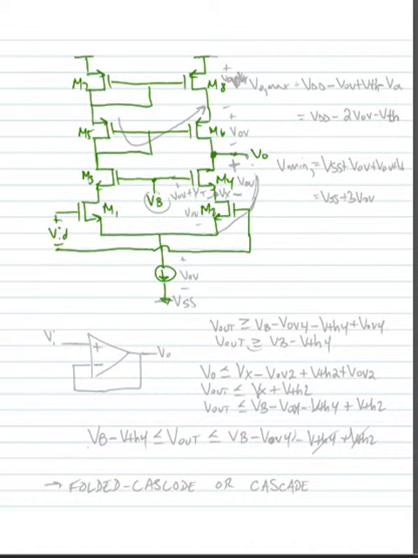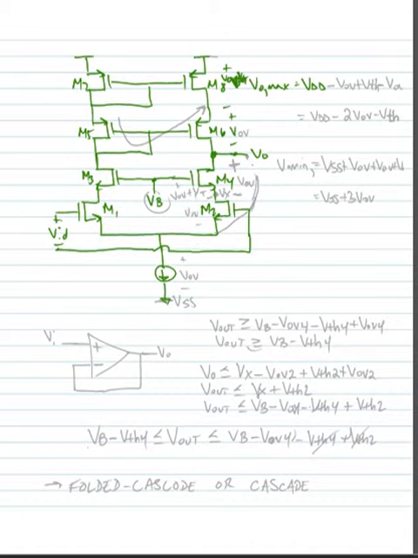Okay, so to find the maximum that the output voltage can be, we need to keep M6 and M8 saturated. And so we know that V out max is equal to VDD. Across transistor M8 we need a VOV plus a VT.